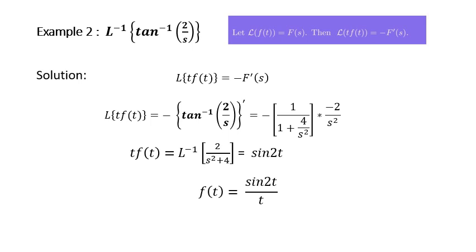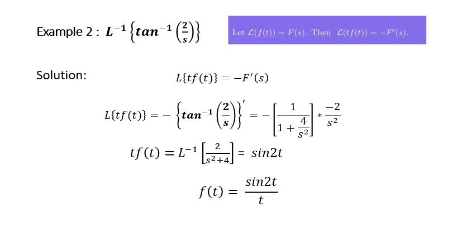It is minus 1 by (1 plus, instead of x we have 2 by s) square. So it is 2 by s square, that is 4 by s square, into the derivative of 2 by s. 2 is a constant. Derivative of 1 by s is minus 1 by s square. So you will get minus bracket 1 by (1 plus 4 by s square) into minus 2 by s square.